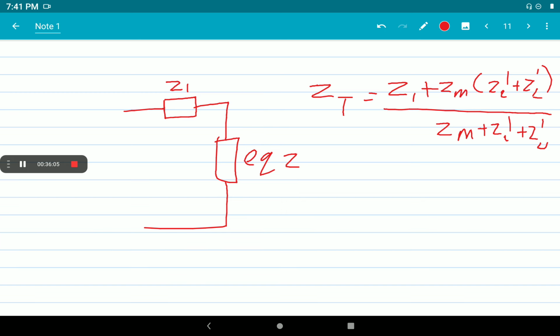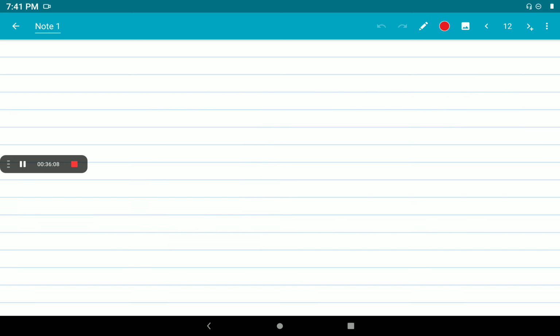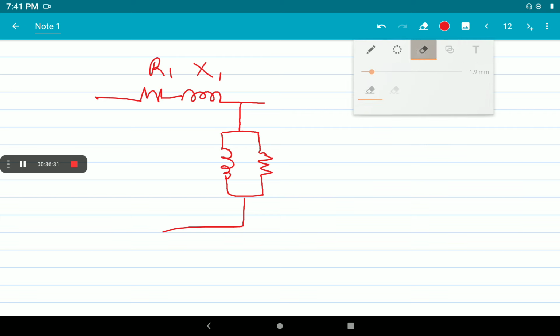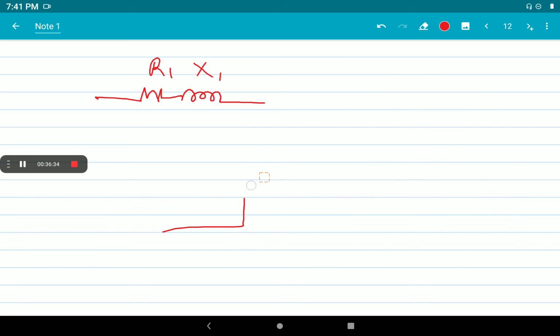Now we can simplify this circuit by removing this portion. I have already represented R1 and X1 here, and first we represented the magnetizing component after the primary winding components R1 and X1. Now we can remove this from here and represent it here.